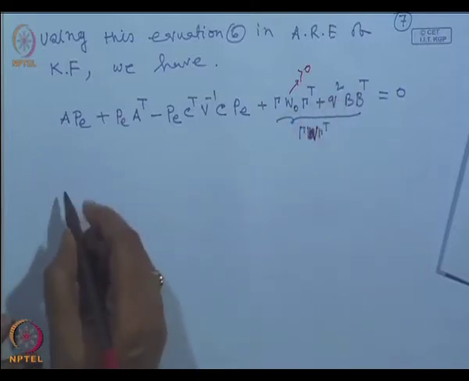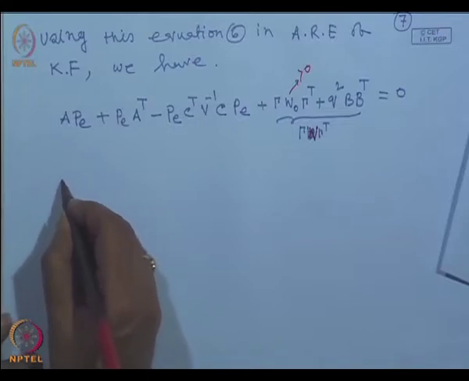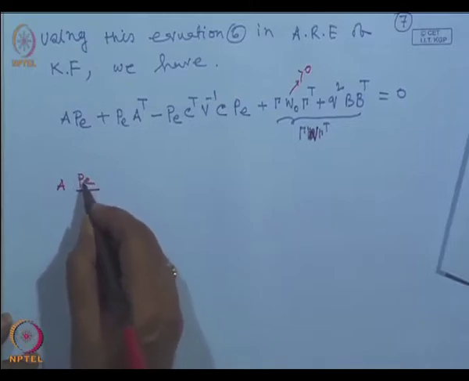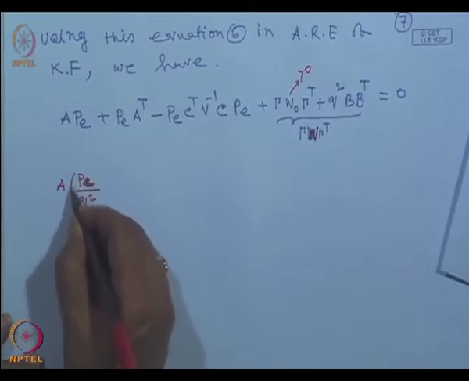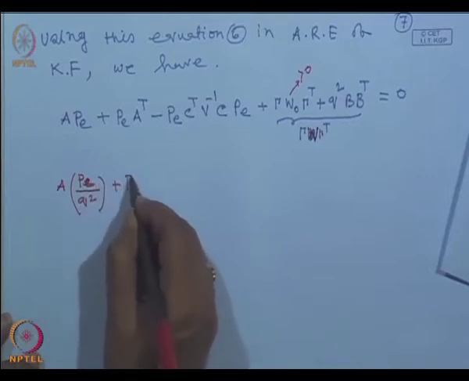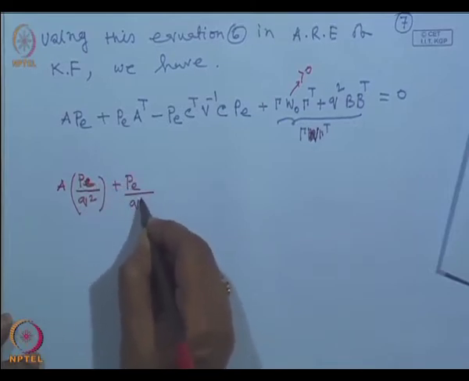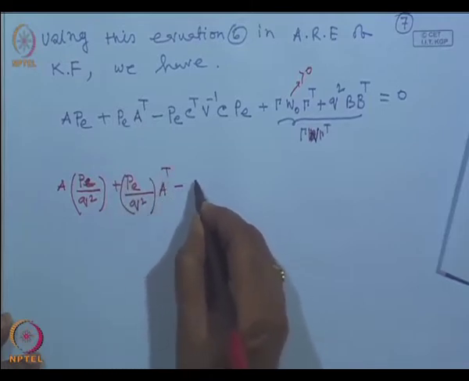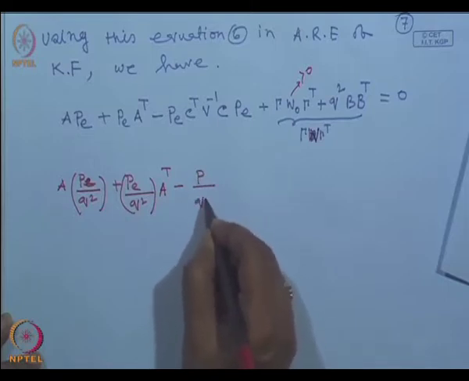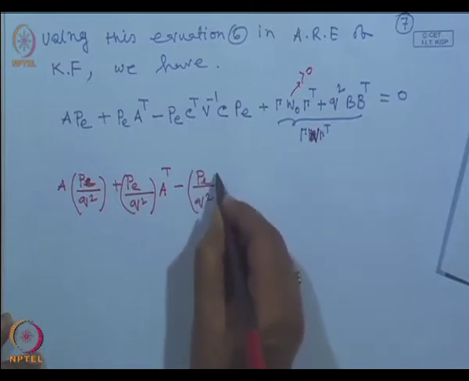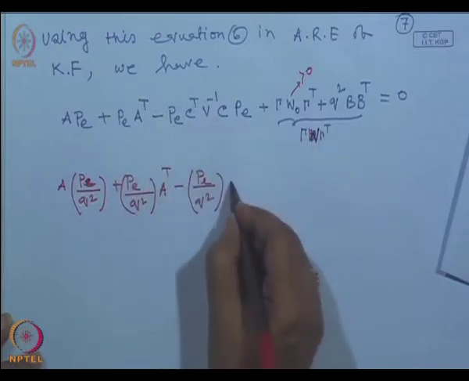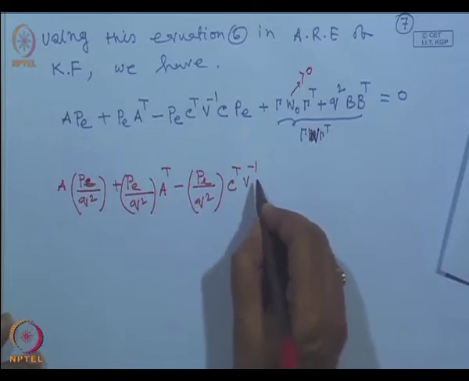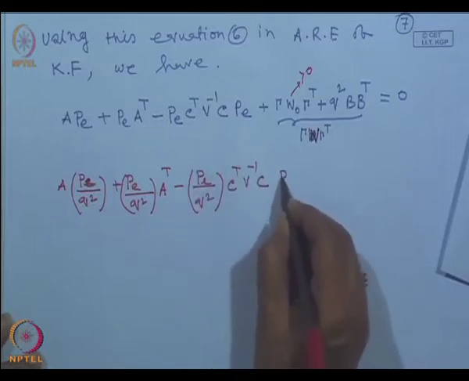If you divide by q square, that means A P E by q square plus P E by q square times A transpose, minus P E by q square times C transpose V inverse C P E by q square. Agree?